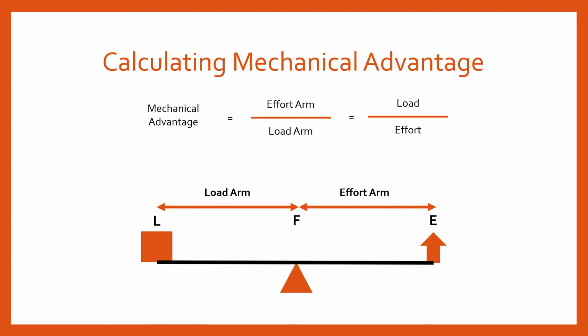Now, although they're different mathematically, in practice those are interchangeable and equally valid methods, and I'm going to be sticking with the first of these for simplicity's sake. So I'm going to stick with mechanical advantage equals the length of the effort arm divided by the length of the load arm.